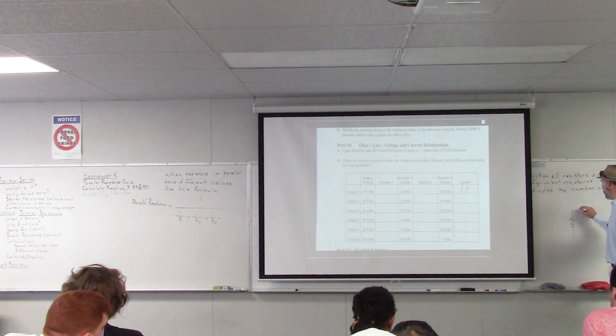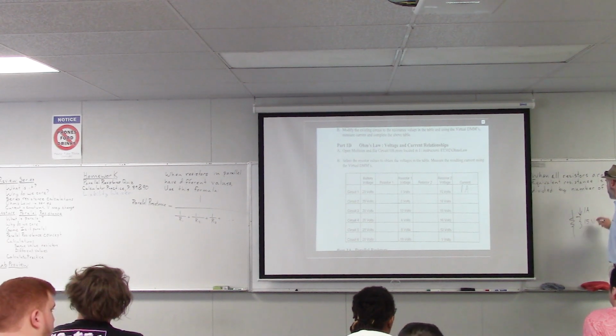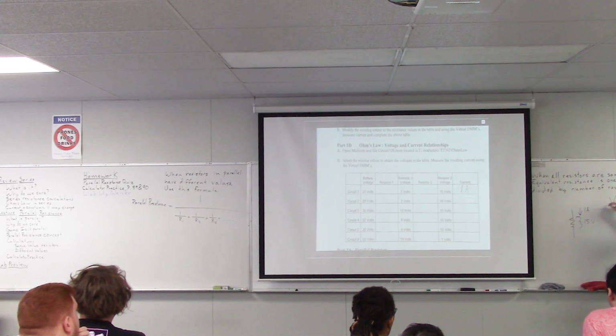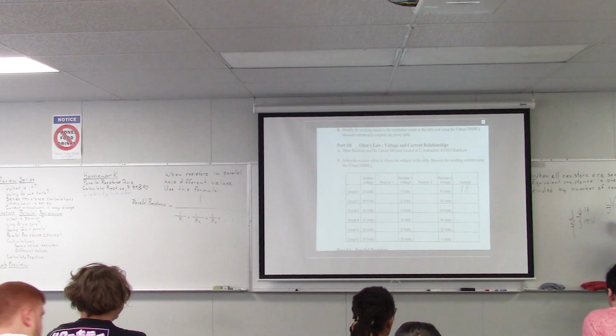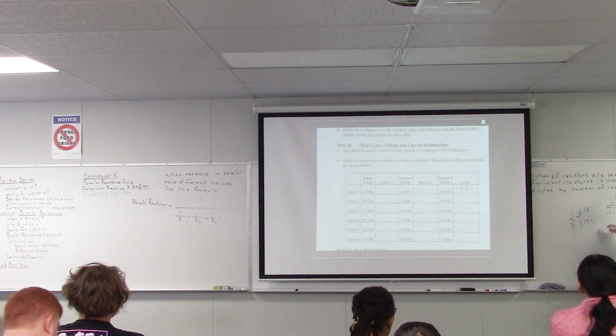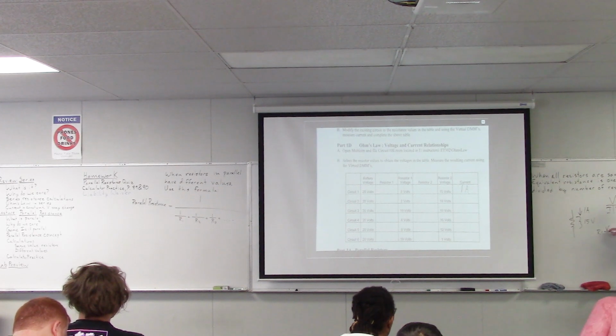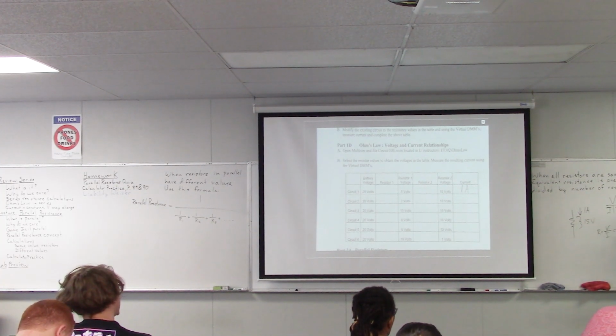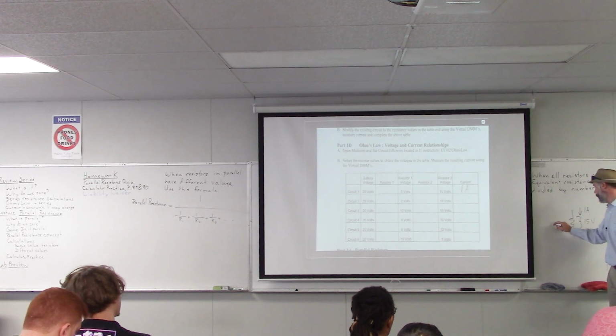We use Ohm's law again, V, I, and R. We write down R equals, we cover that up, we see it's V over I. That comes out to be 15 volts over 1 amp, so 15 divided by 1 is just 15 ohms.